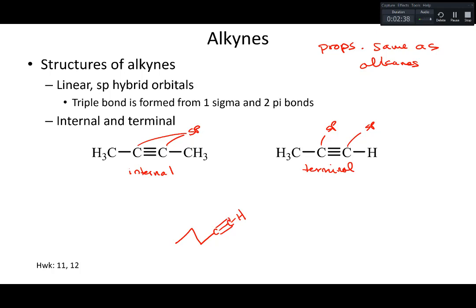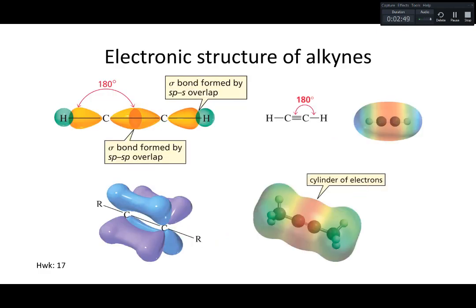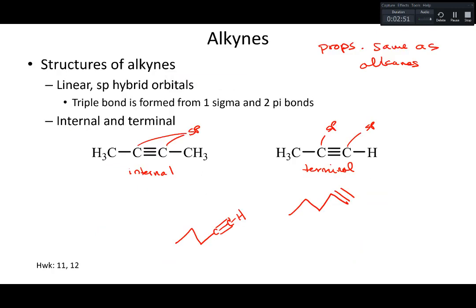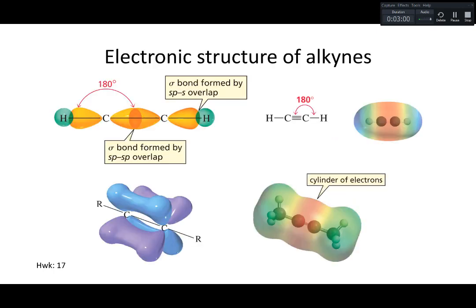In fact, if you look online, people are sort of split on whether or not you should allow that. But the structure of the molecule is actually linear, so it is probably better to do it like that.